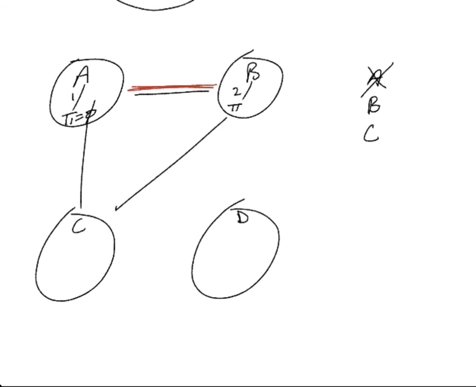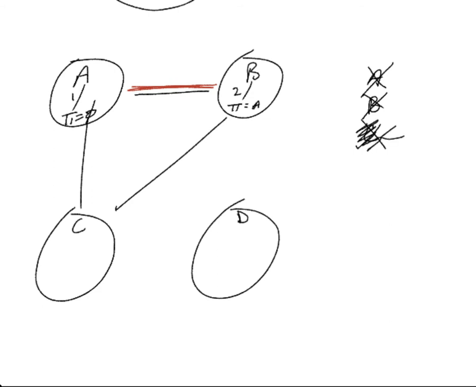So everything it's connected to. Then we pop B off the stack and we process B. So its discovery time is 2, pi is equal to A, and we put anything that isn't already on the stack. Well, C is on the stack. Then we pop C off.